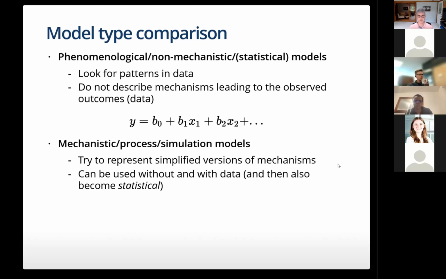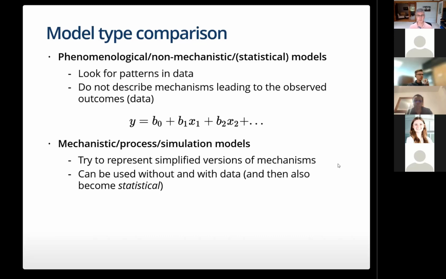The limitation is they don't describe the mechanisms that are going on that will lead to certain outcomes. So they are a representation of the data, but in some sense always a bit black boxy because there are no specific mechanisms. And that's in contrast to the models we're looking at here, where you have to explicitly write down mechanisms that produce the outcomes you're interested in.